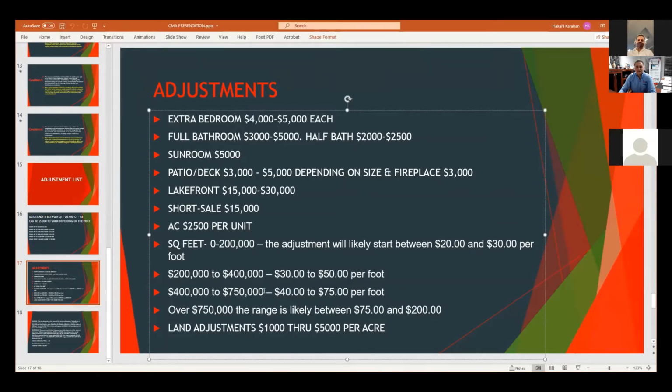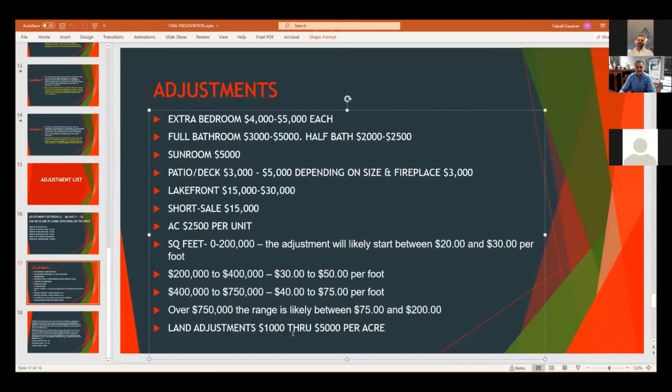$400,000 to $750,000, $40 to $75 per square foot. Over $750,000, the range is likely between $75 and $200 because it could be a $2 million home, right?